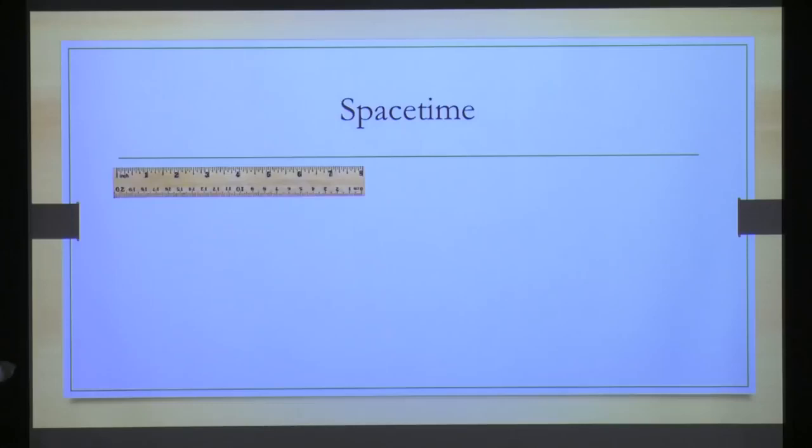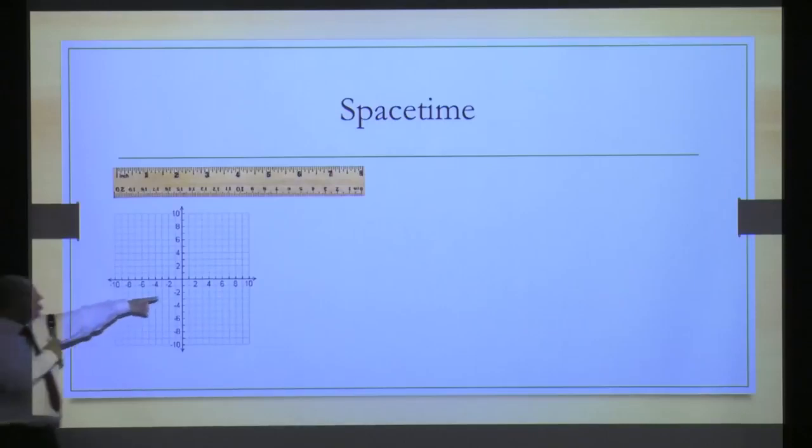For those of you who like math, this is one dimension. Why one dimension? Because one number gives me an indication. I can tell you on the ruler, it's on 3. I only need one number. This is called one dimension. If I have a plane, I need 2 numbers. So this is 2 dimensions.